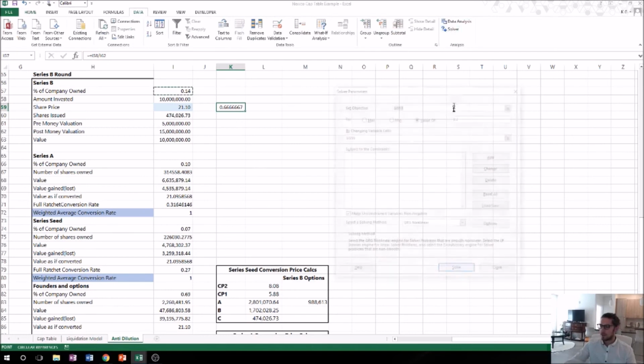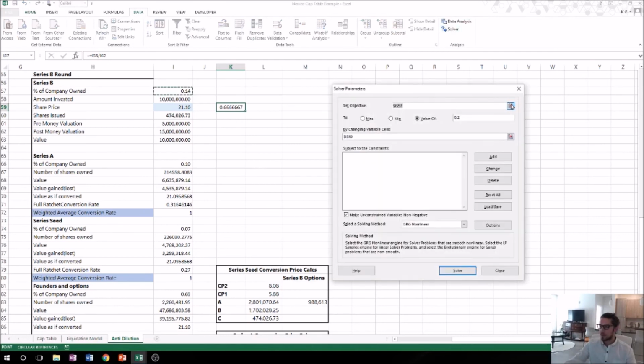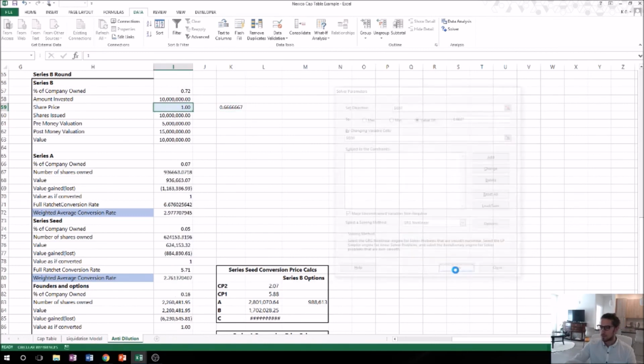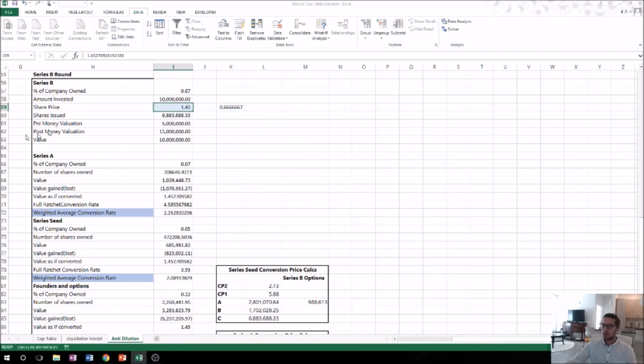So we use solver again. We set the objective cell as a percent of company owned. We set we want that to be set to a value of 0.666667, and we want to change the variable cell equal to the share price. So we solve that and we get a div 0 error.